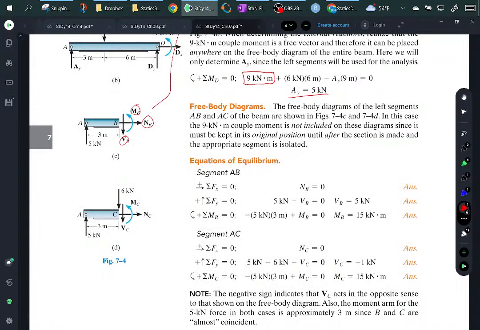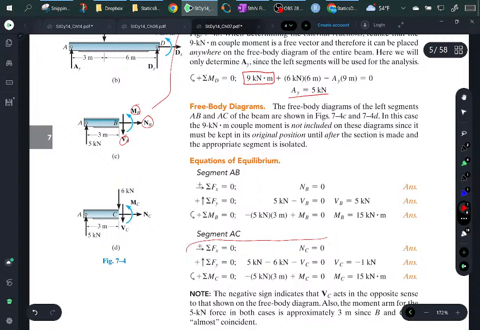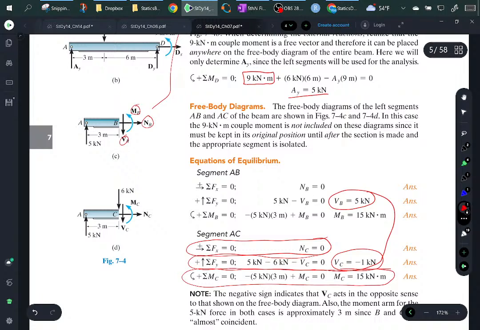Then what we do is we do segment AC. The only difference between AC and AB is the 6 kilonewton load is sitting here. So consequently, believe it or not, the only thing that changes is that. If you really stop and think about it, this part actually doesn't change.